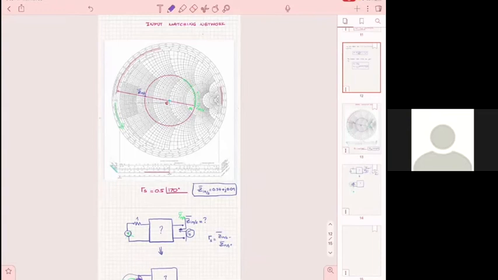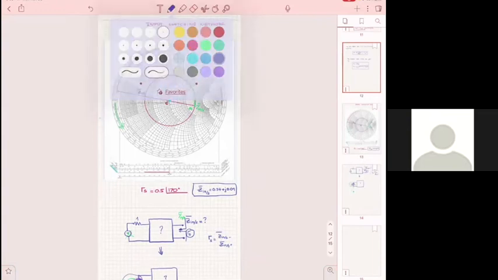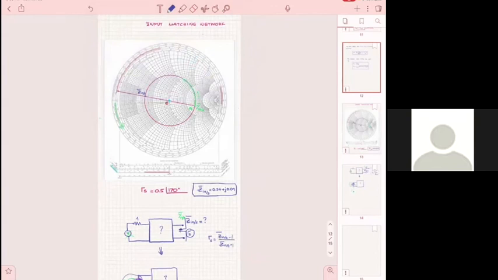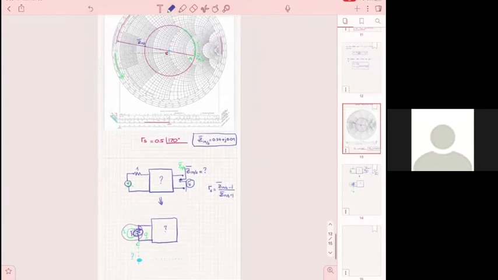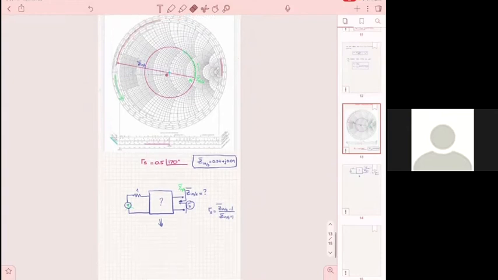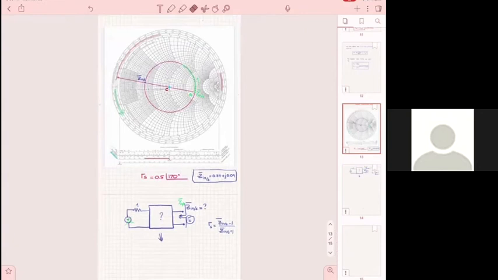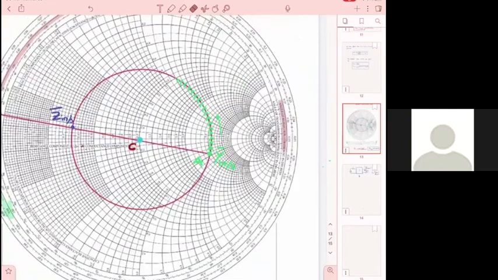Why did you think that you have to go to the opposite direction? I think I saw it in your examples on your notes. Where? I never do that. I don't change direction if I go from Y to Z. So if you're using a series stub, you just stick with the Z, right? So you would go from Z to that same point? Yes, you start from Z, but the direction remains the same. Right. So the length would just increase.